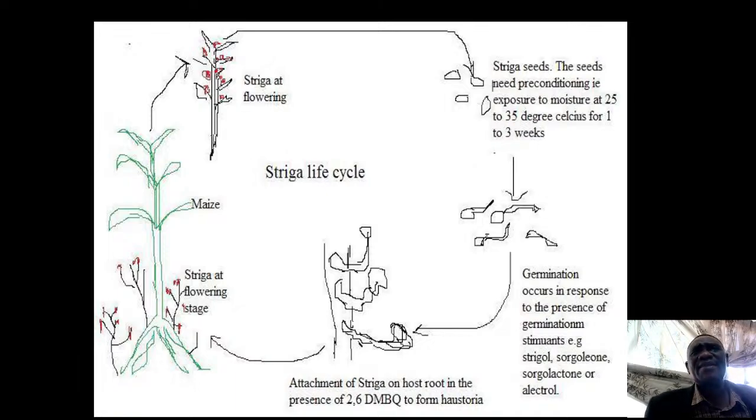But at flowering, which occurs probably after 1 month from emergence, we begin to identify these parasites because they will be displaying red flowers. Then after that, there is seed formation, and the process will have been completed.